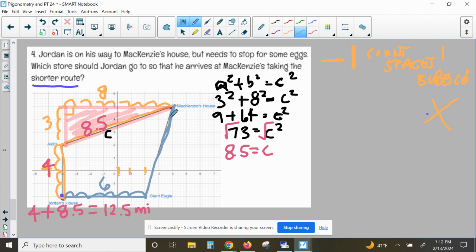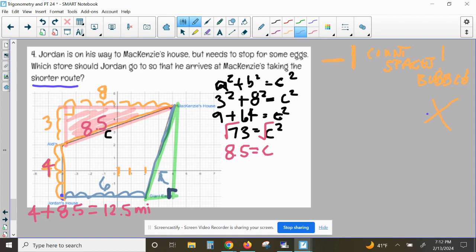This is diagonal. I cannot do that, so I'm going to have to make a right triangle. I'm just going to drop it down here and over. Remember, there are 2 ways to make the right triangle. I can go backwards or forward. So this is the right triangle I'm going to use. You see it right here, that's my little right angle.